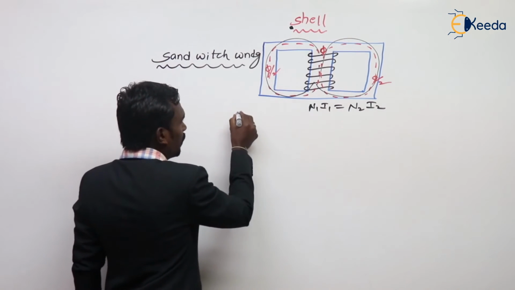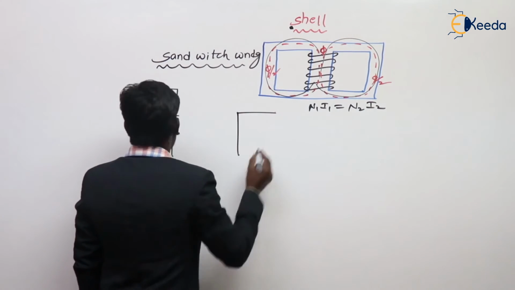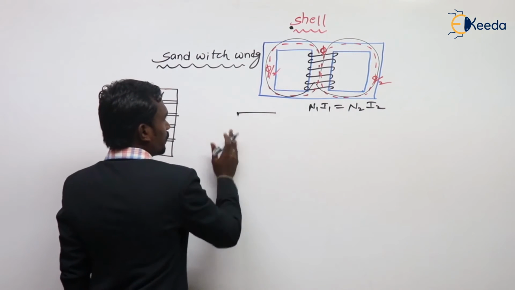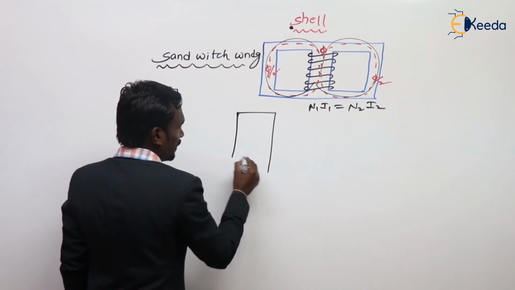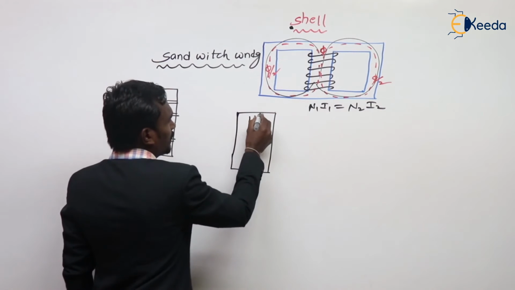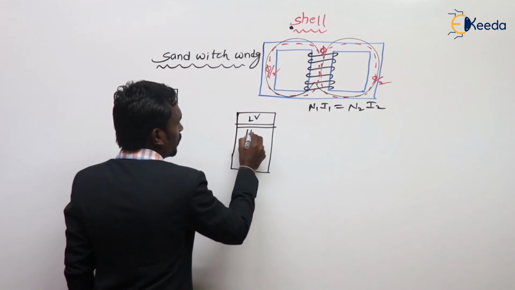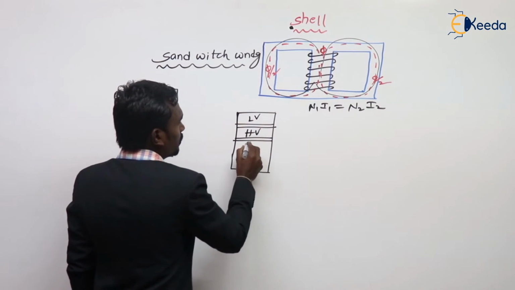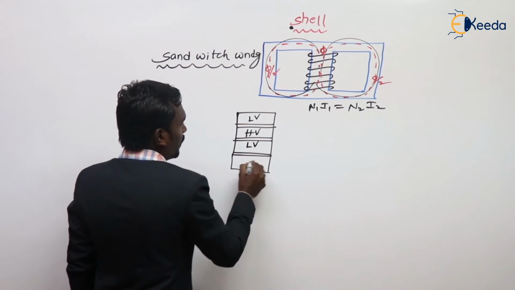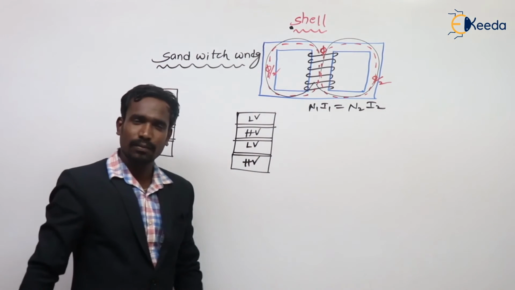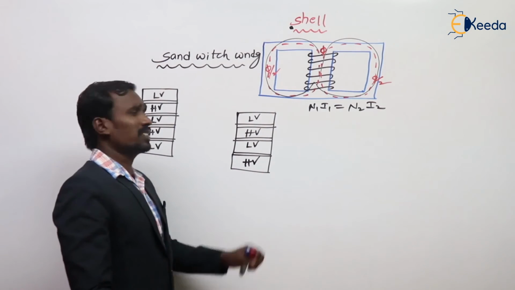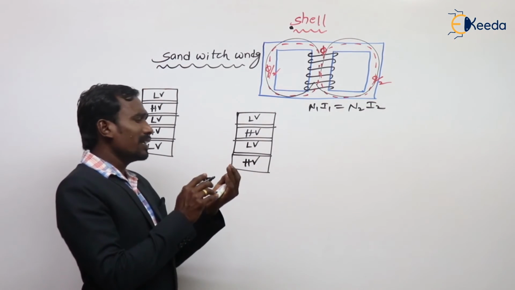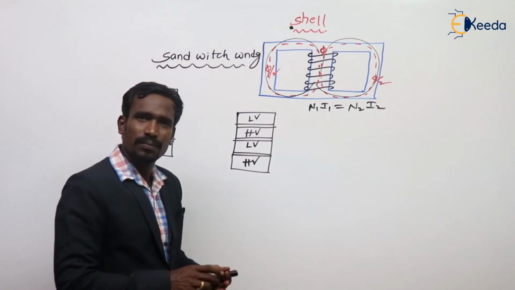Or for example, LV, insulation, HV, insulation, LV, insulation, and then HV. These are called sandwich windings.